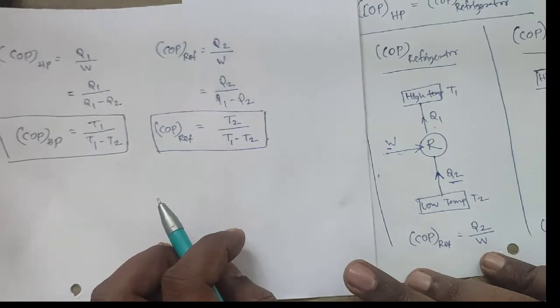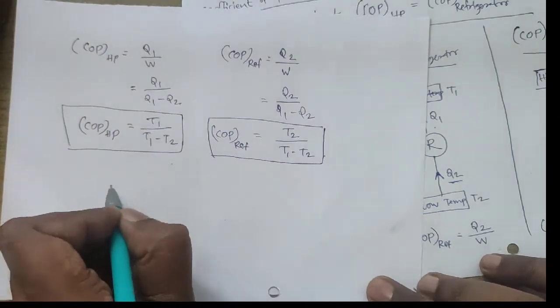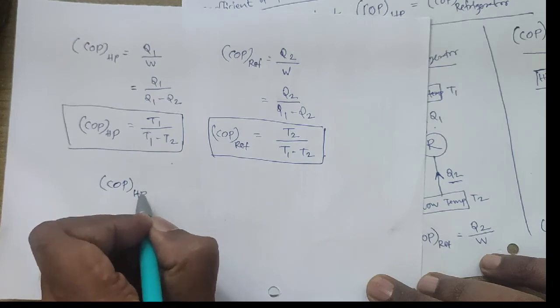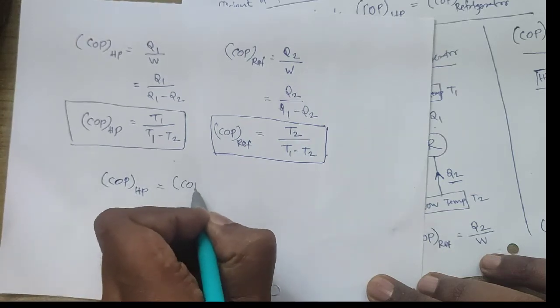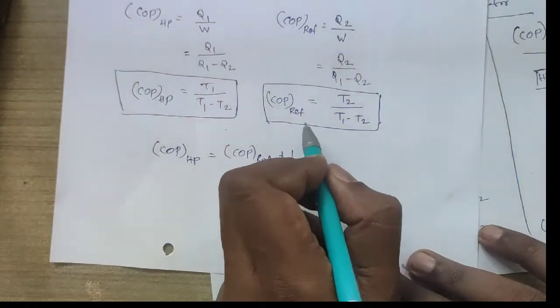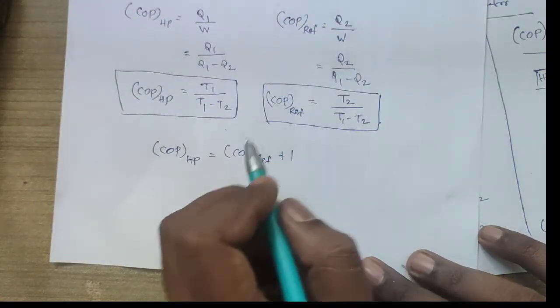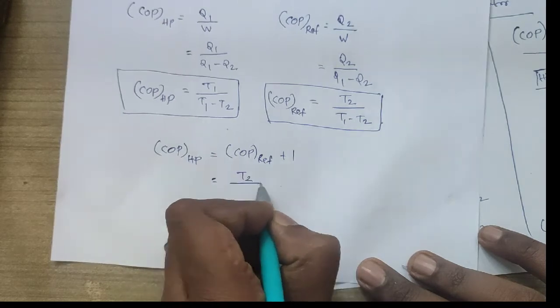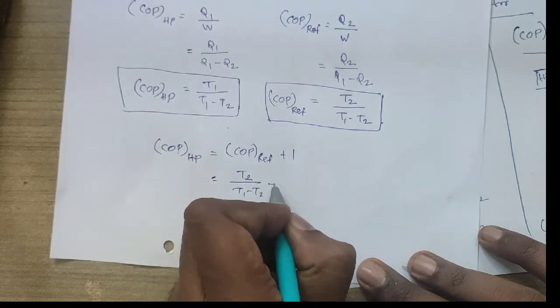Now to prove the statement, what is the statement? COP of heat pump is equal to COP of refrigerator plus 1. So put the value of COP of refrigerator in this equation: T2 upon T1 minus T2 plus 1.